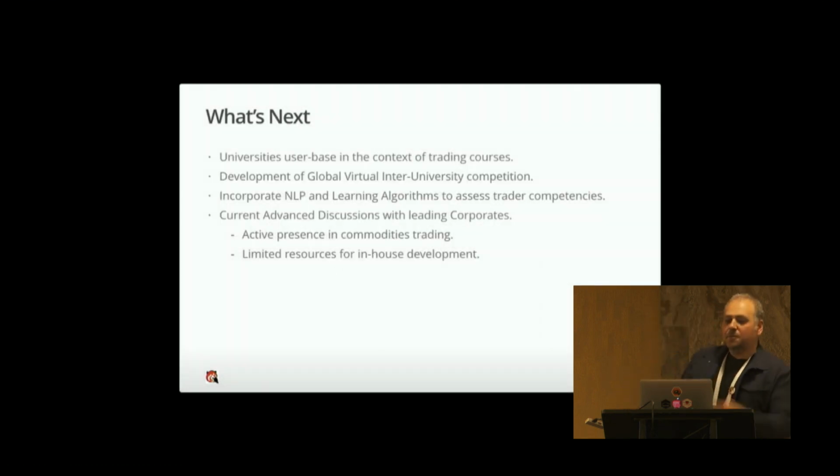So what's next for us? We are expanding our platform to more universities. We want to have a global competition, so scaling is important for us. We are incorporating NLP and learning algorithms, reinforcement learning in particular, to not only collect a lot more data, in terms of the chat and text that traders conduct among themselves, but also to play this game in conjunction with a human trader to understand what good looks like, and also incorporate features that nudge traders toward making better decisions.